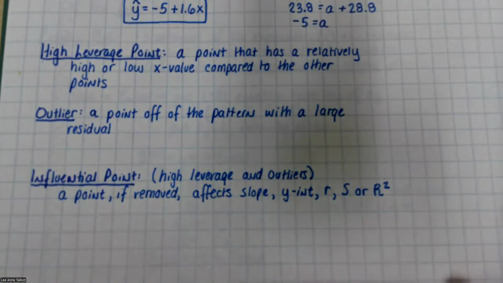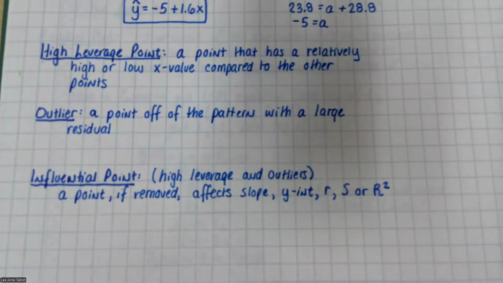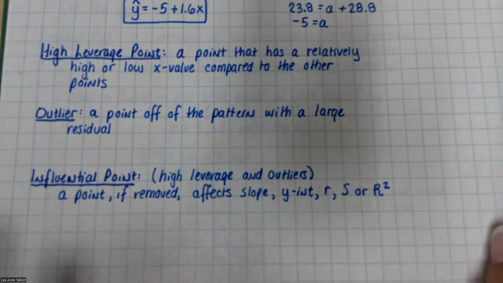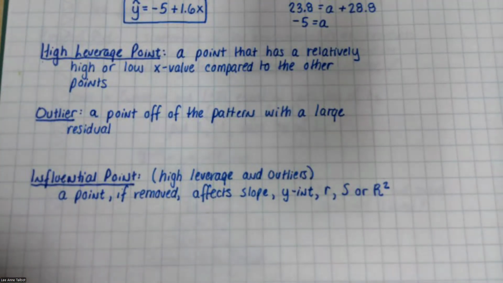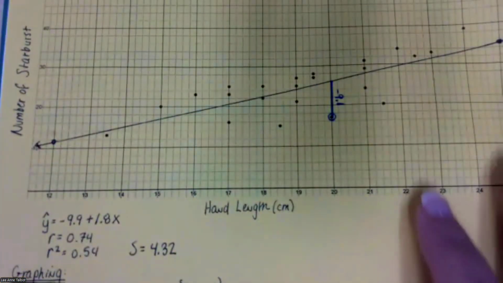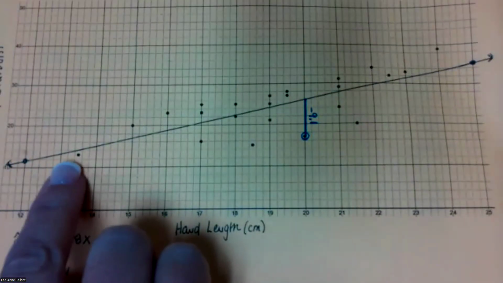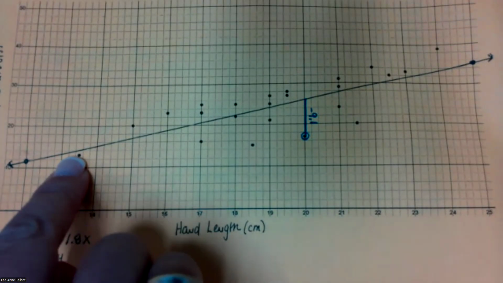Okay, so the last thing we're going to do when you're done here, we're just going to try to pick. This is going to be hard for us. That's why I didn't really love our data, but take a look at fifth period. Okay, do you see this guy? He's a perfect example of a high leverage point.